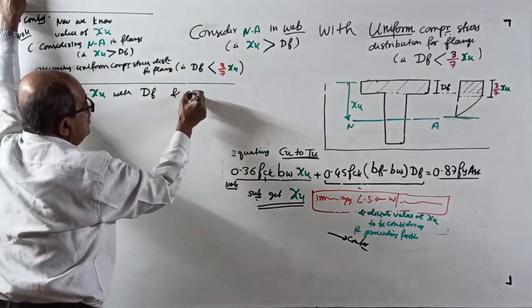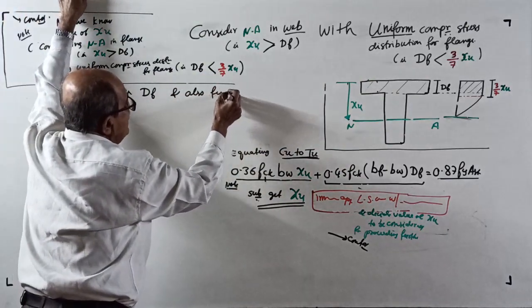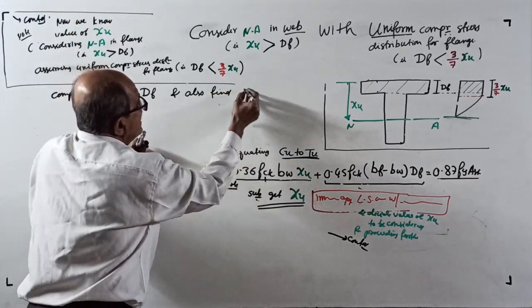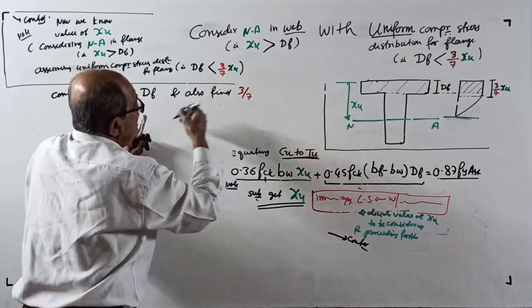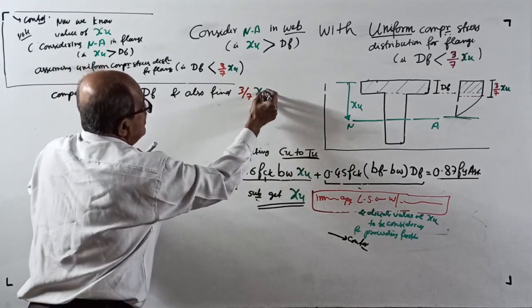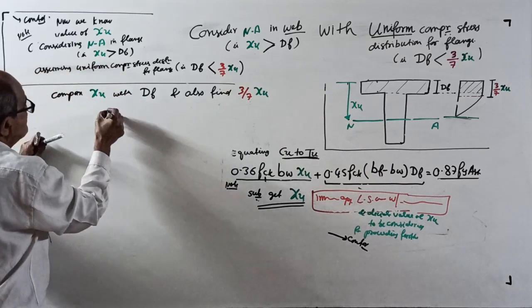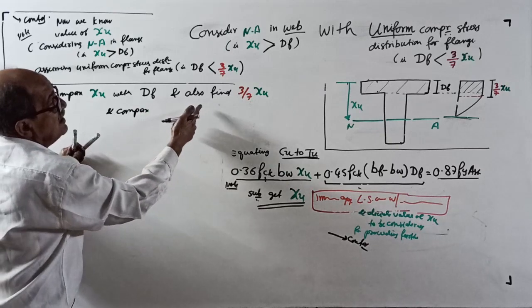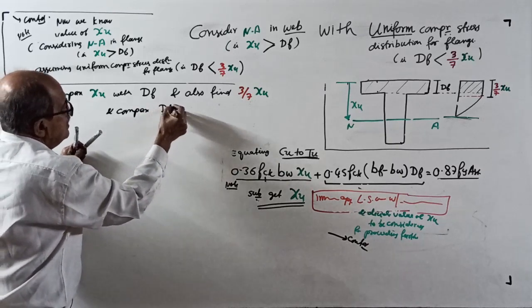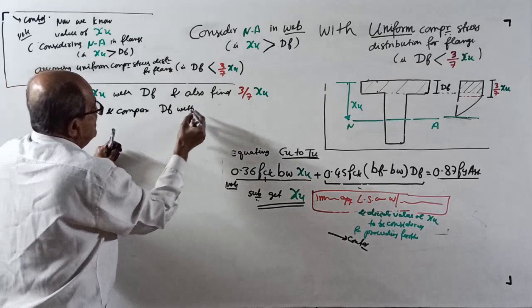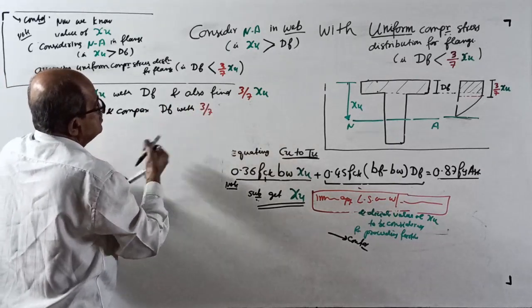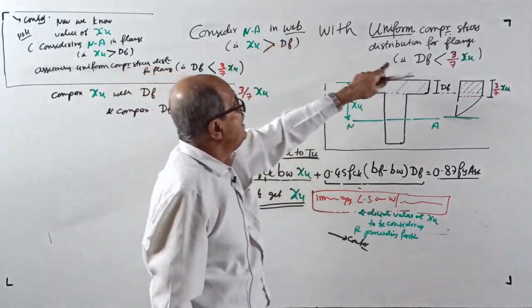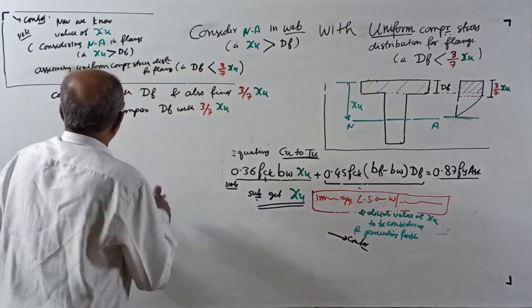And also find the value of 3 by 7 times of xu, and compare df with 3 by 7 times xu. See, what is the assumption here? Compare xu with df and df with 3 by 7 xu.